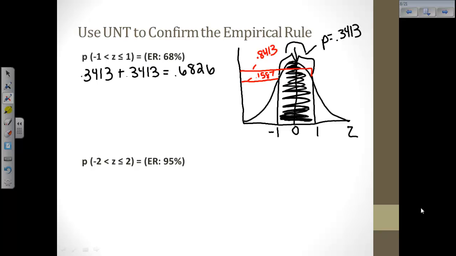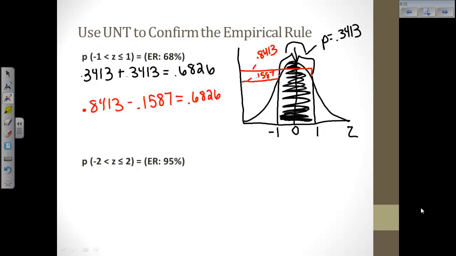So we can take the 0.8413, subtract the 0.1587, and you still end up with 0.6826. So no matter which route you go, you're going to end up with the same number.